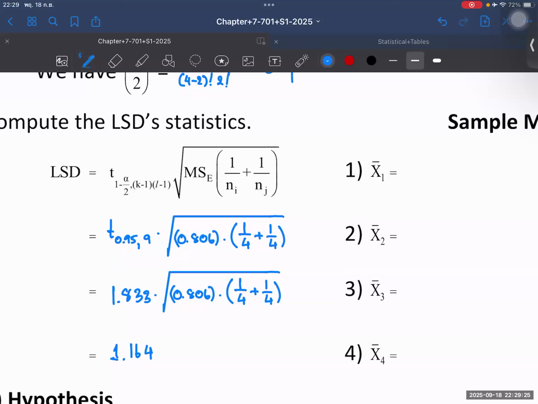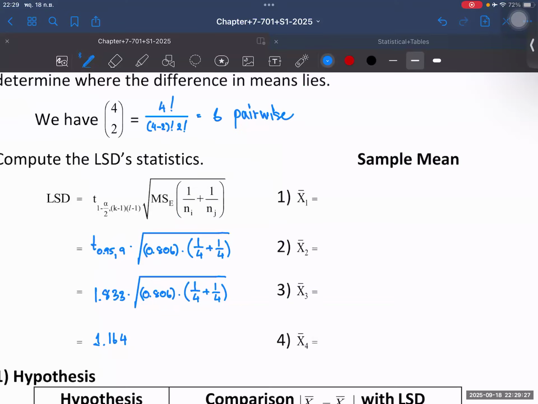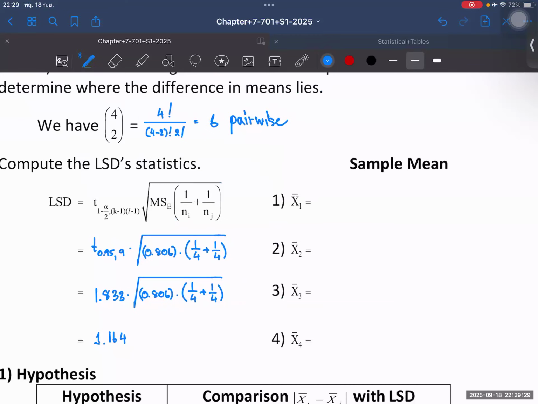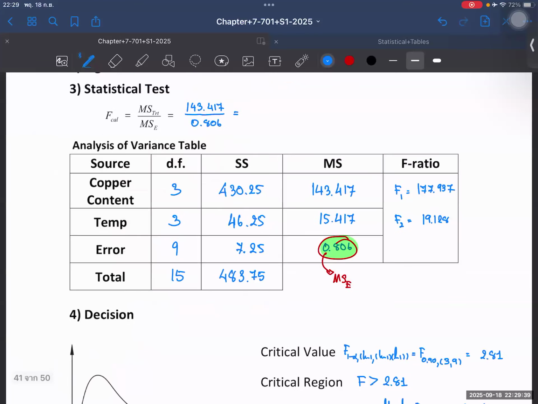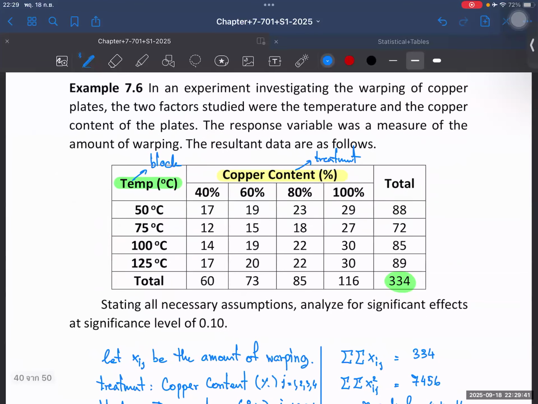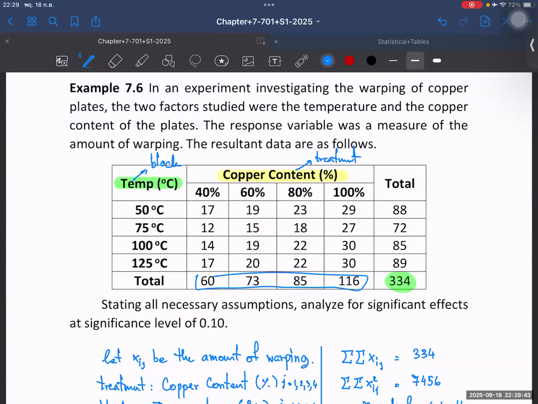Okay. So for the sample means, right? So we go to the sum by the column, like this. Okay.